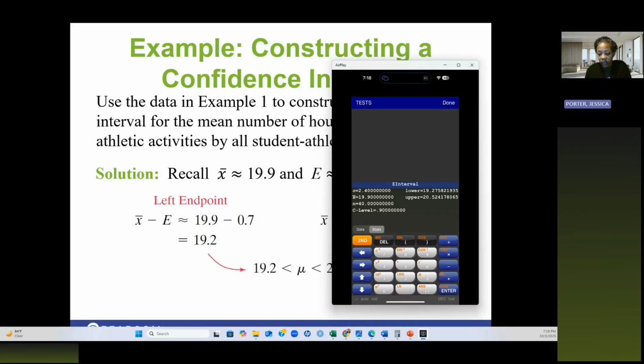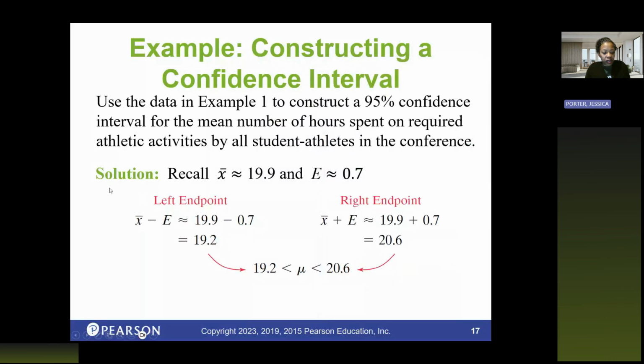And the confidence level is 0.95. Notice that as I'm typing in the values, it's changing this lower and upper value. If you have a data set, like it's in list 1, you'll just click on data and it'll pull your data from list 1. And that's how you do a confidence interval in StatCrunch and the TI-84.